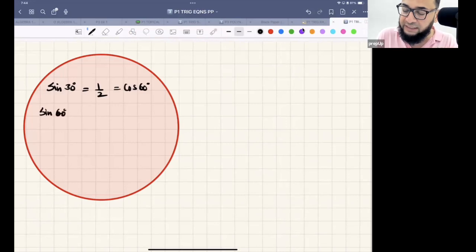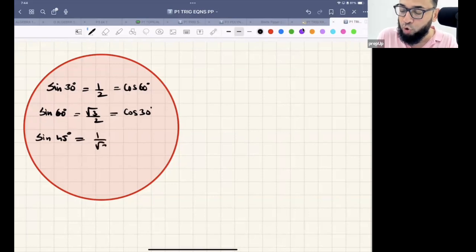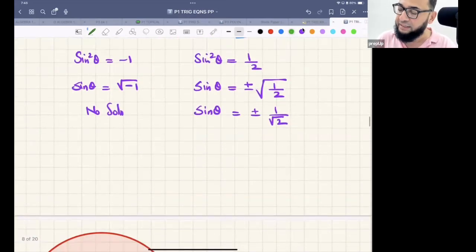Sine of 60 degrees is square root 3 over 2, which is cosine of 30 degrees. And sine of 45 degrees is 1 over root 2, which is cosine of 45 degrees. There are some values of tangent also, but that's not the issue over here. Let me not get distracted and focus over here. So therefore the basic angle is 45 degrees.